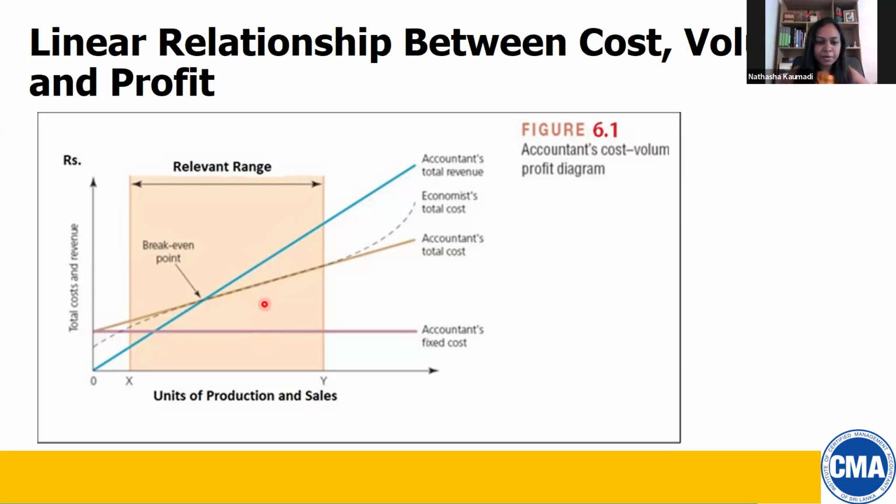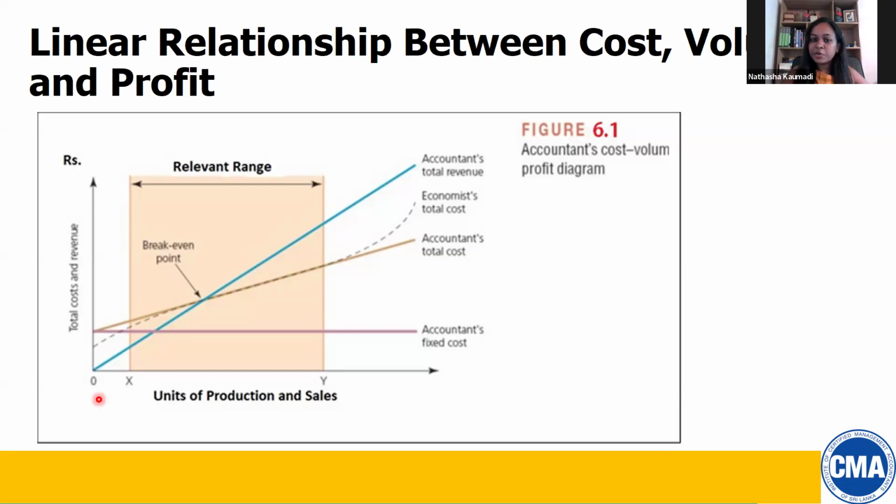What about this one? This orange color line. It is a total cost. How can we calculate the total cost? When the production is zero, what would be the cost? Do we have variable cost when the production is zero?